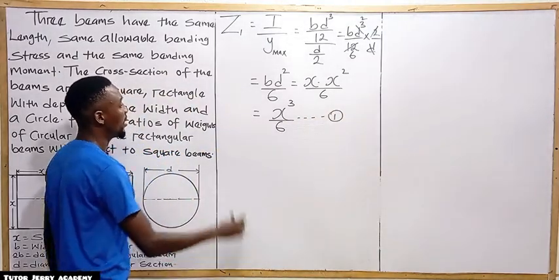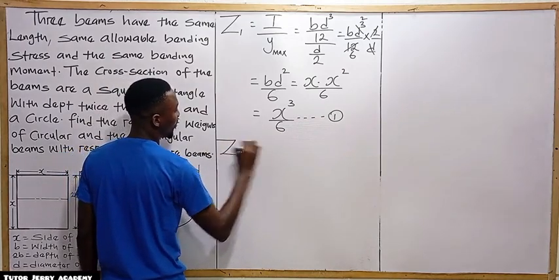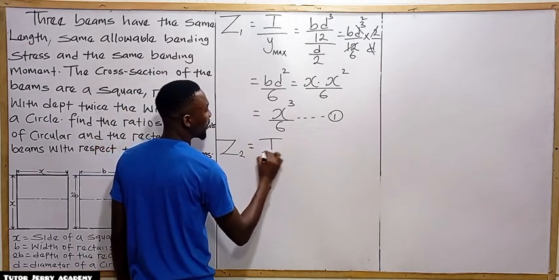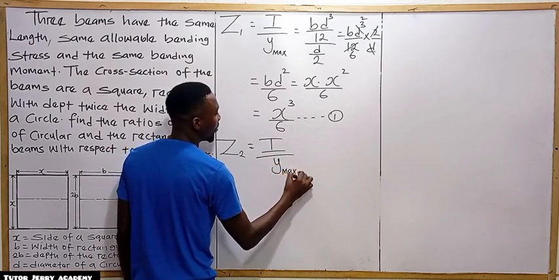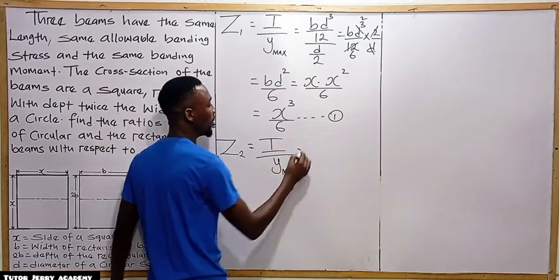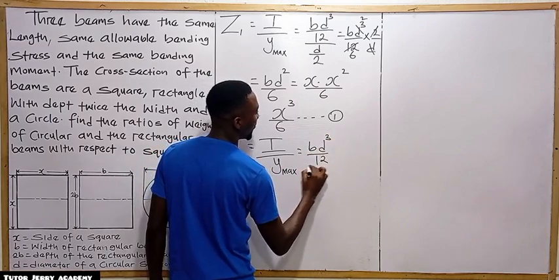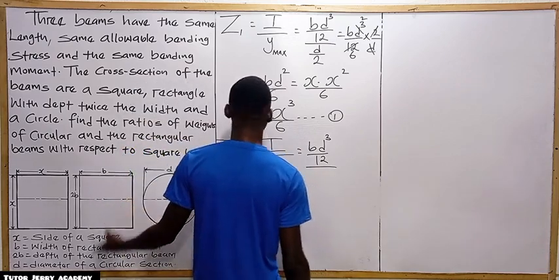All right. So the next one is our section modulus Z2. So this will be for the rectangle. We know that the formula for section modulus is moment of inertia over y max. The moment of inertia here is going to be bd cubed over 12, then divided by y max, which is also the distance from the bottom to the neutral axis.